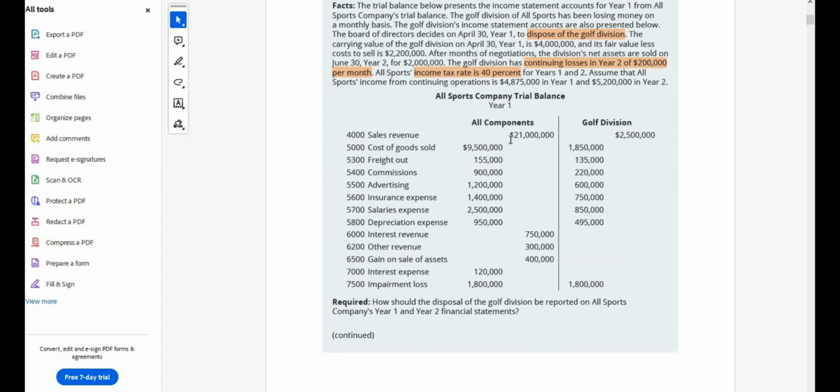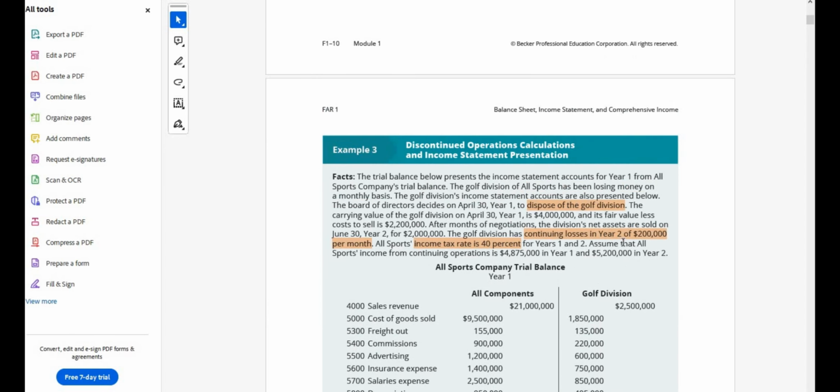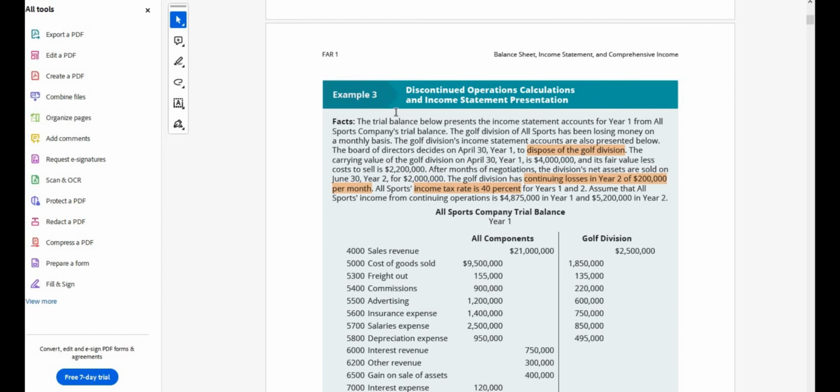So the golf division got disposed of only in year 2. It got disposed on June 30 of year 2. That is January, February, March, April, May, June. We have 6 months in period 2. So the loss in period 2 is 2 lakhs into 6, that is 12 lakhs, a 12 lakh loss.